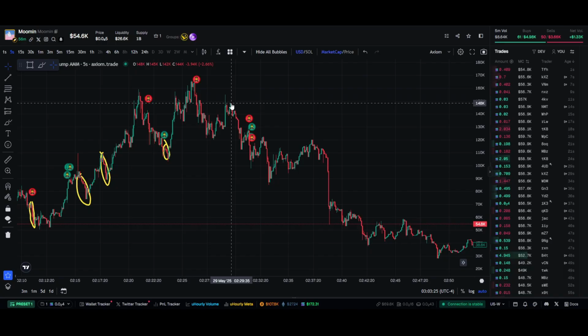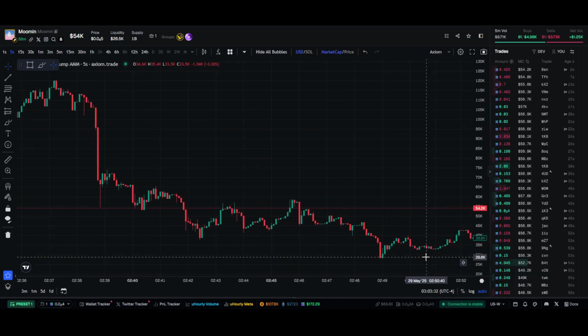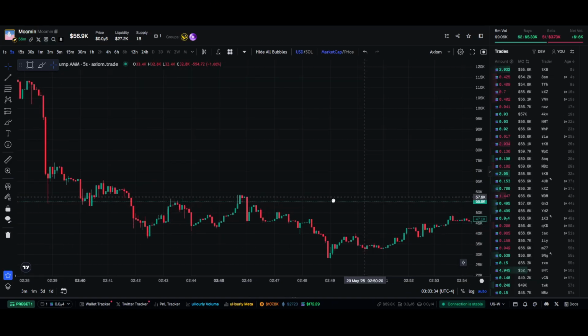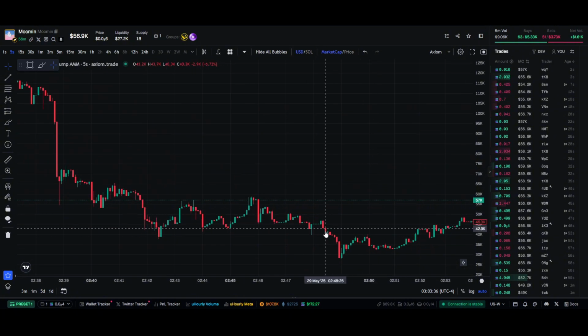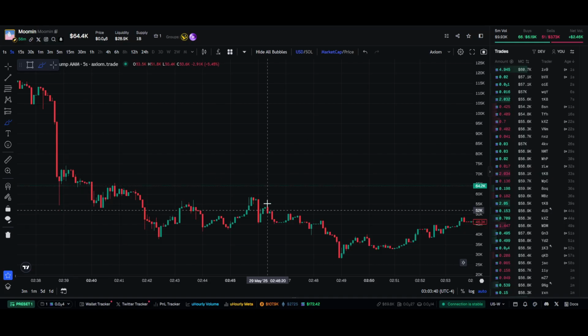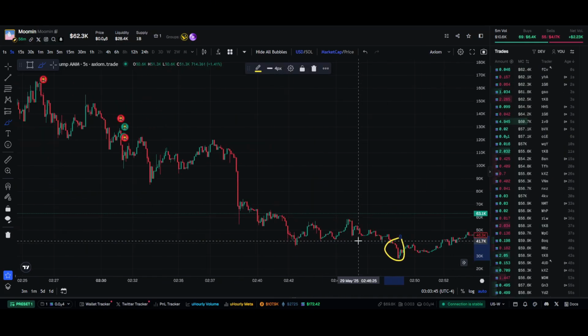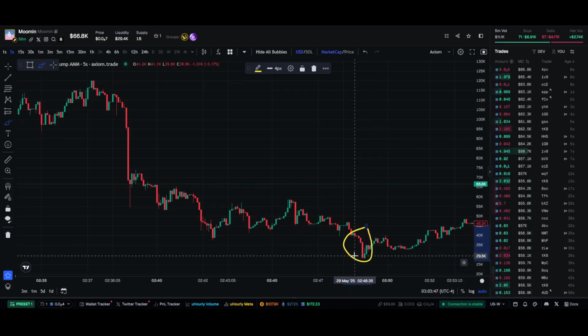As you see, the next pump did not break it, so you keep going further down. And as you see, not even 3 or 5 seconds in, looking at the chart, you can tell that this here was the bottom of the dip. You circle it, and that's it. That was the lowest point.